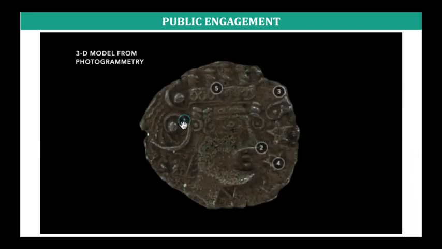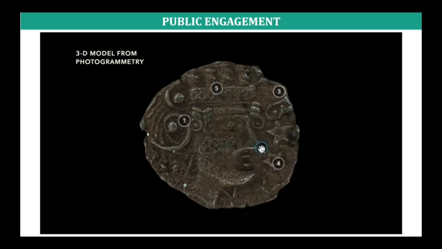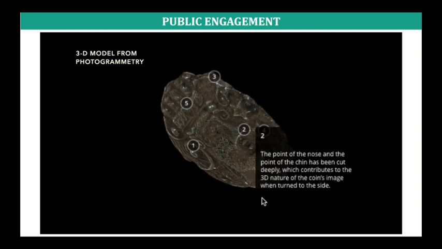In this 3D model, created from photogrammetry, we have labeled specific parts of the coin to point out some of its details. You can click on different numbers to learn more about the coin's ornamentation and the way that they were produced.